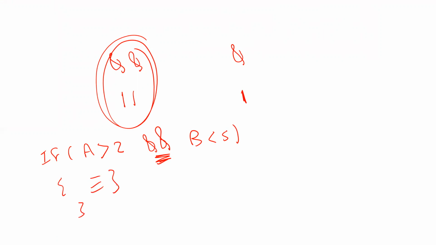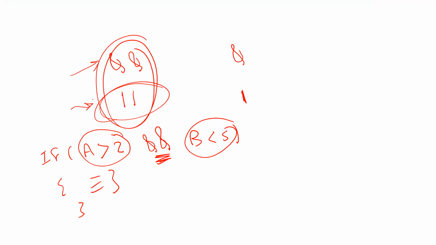For example, I can say if A greater than 2, and B less than 5. That means I'm gonna execute the body of the if when this condition is true and this condition is true. The two conditions should be true. Same thing for this one, but this is OR. So these two operators are used if you want to make a condition like this one.